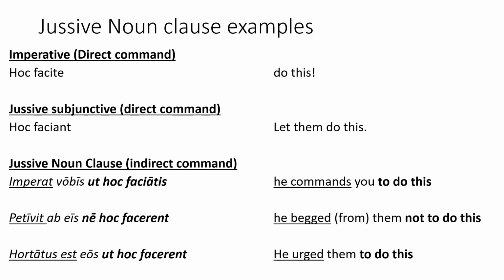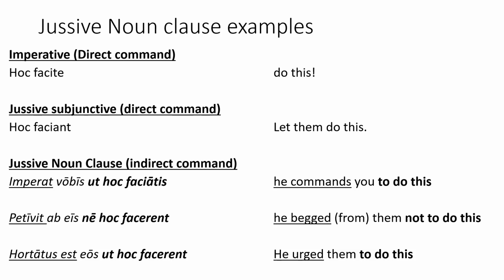Remember, following the sequence of tenses, sentences that have a verb of the perfect system in their main clause can only ever have an imperfect or pluperfect subjunctive with them. Petiit is perfect, which is why facerent is imperfect. Following the translation rules from the previous page, we translate ne as not and facerent as to do, meaning the indirect command translates as not to do this, and the full sentence as he begged from them, or he begged them, not to do this.